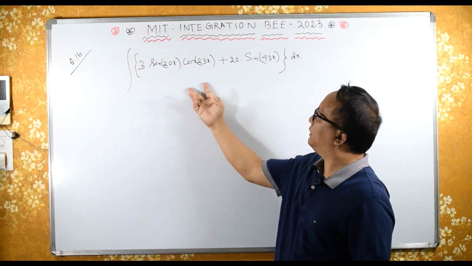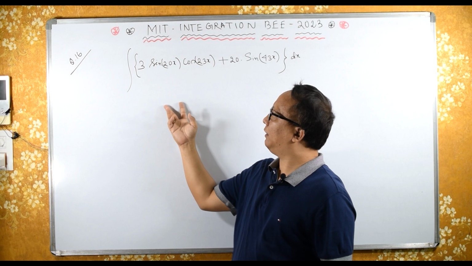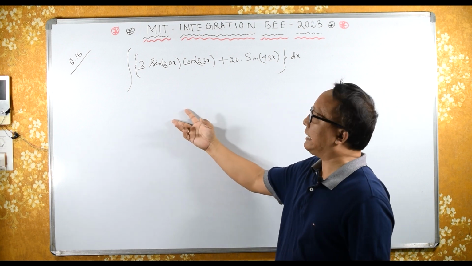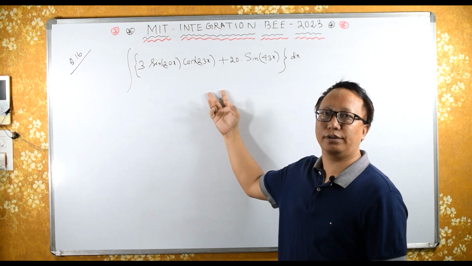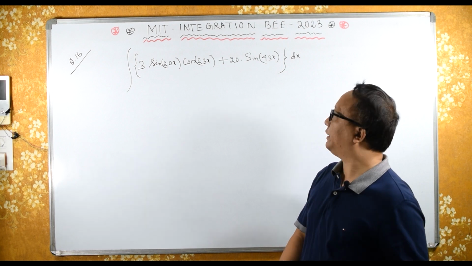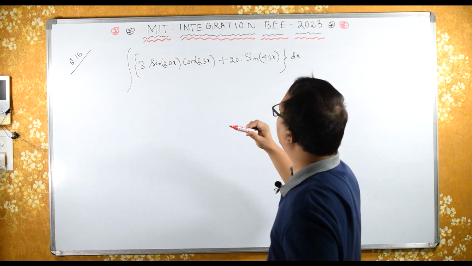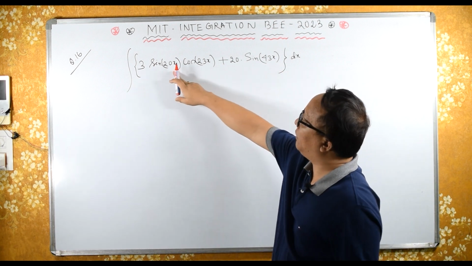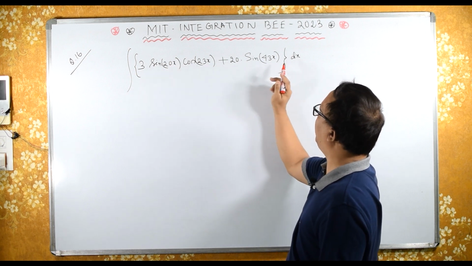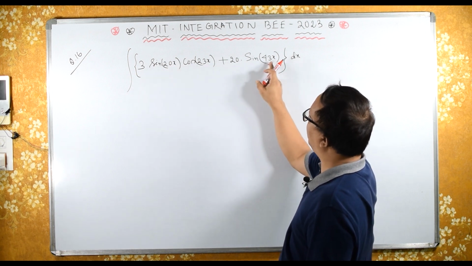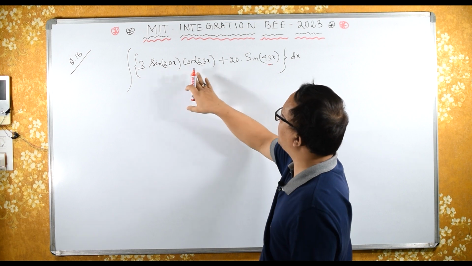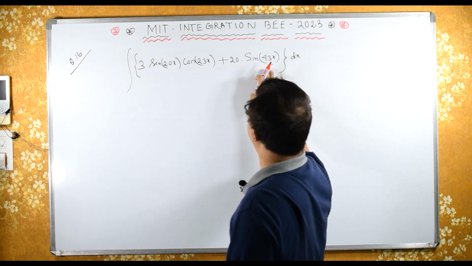This integral can be solved within 10 seconds, but I will solve very slowly so that everyone can understand. Look at here, the angles. Now here we have 20x, here we have 43x. So 43 is same as 20 plus 23. Now let's break this.